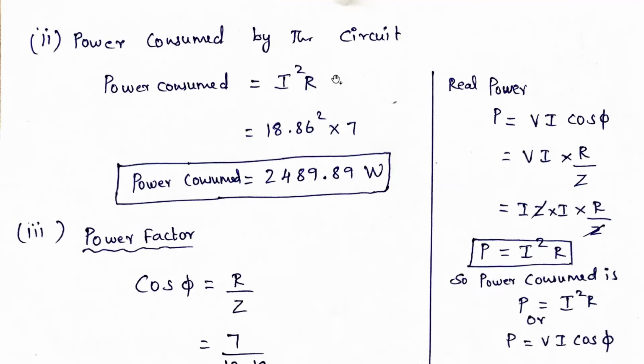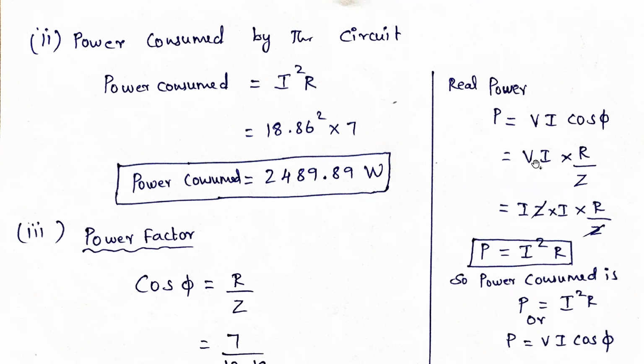Power consumed by the circuit is nothing but I squared R, or otherwise VI cos phi. Either way you'll get the same answer. How do we get the same answer? Real power, true power or active power, P is equal to VI cos phi. Cos phi we already derived: cos phi is equal to R by Z.